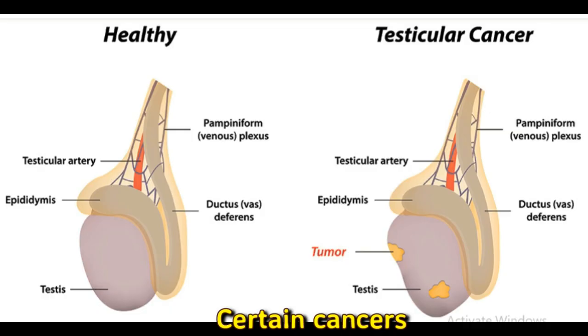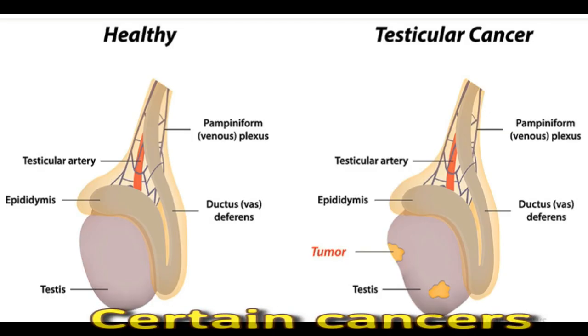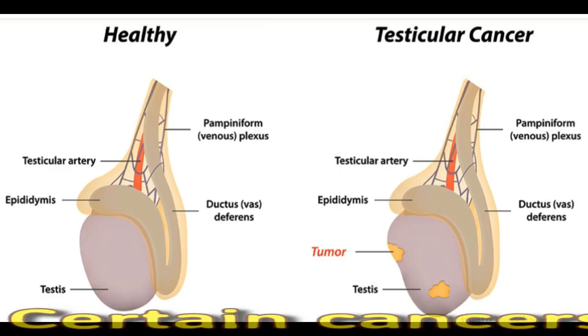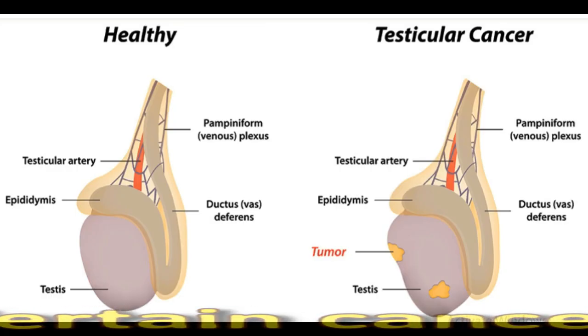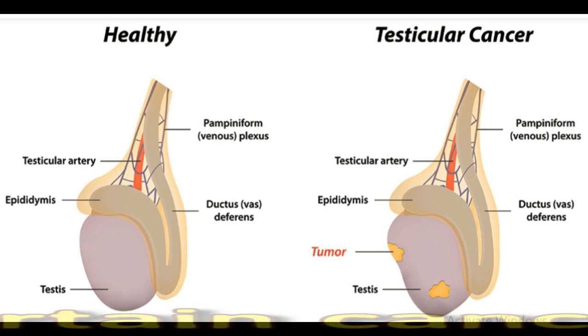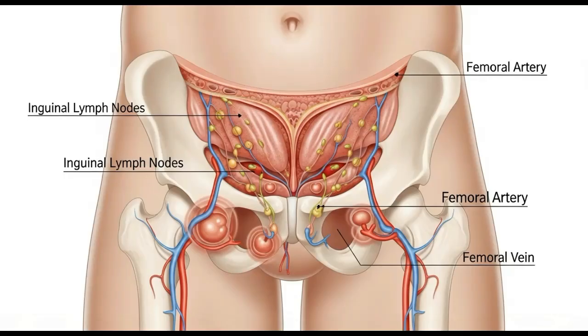These cancers may have very few symptoms at first. If a person notices swollen lymph nodes in their groin without an obvious cause, they should see a doctor for an evaluation.